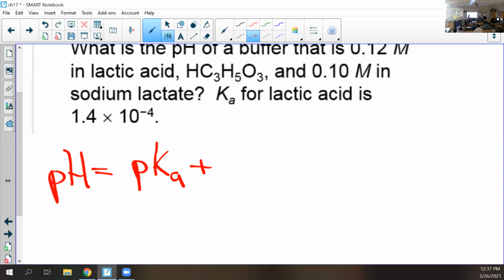All right, this gets confusing, so be careful. It is a plus, but it's a negative log. But we're going to be all right. So the negative log of B over A. Did I write it wrong?